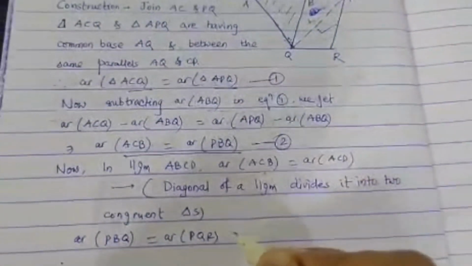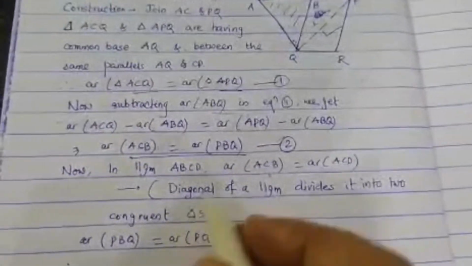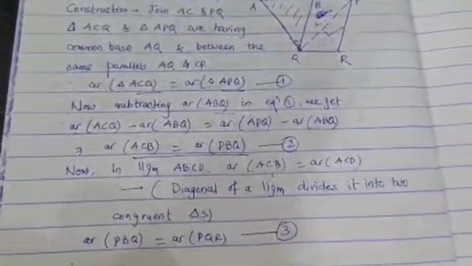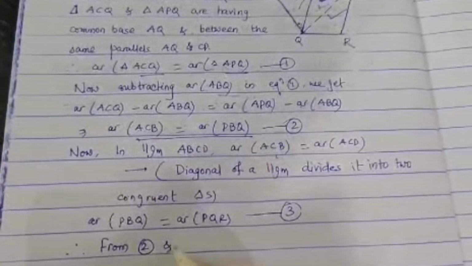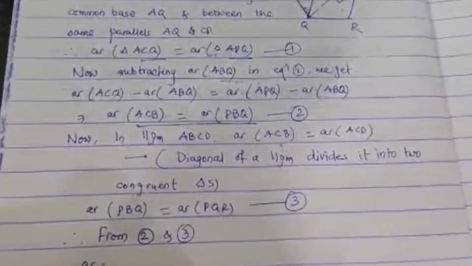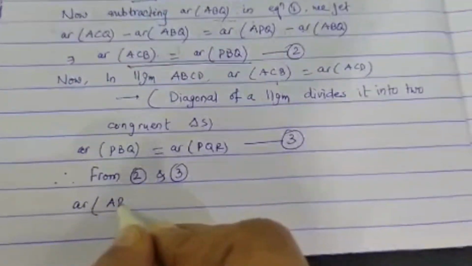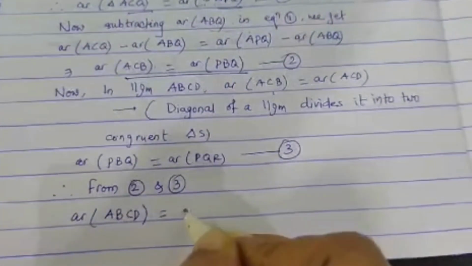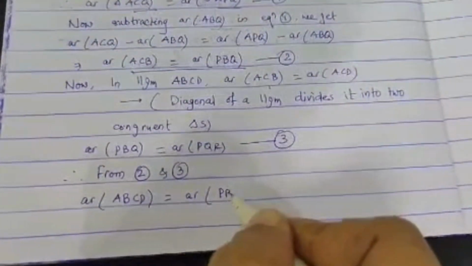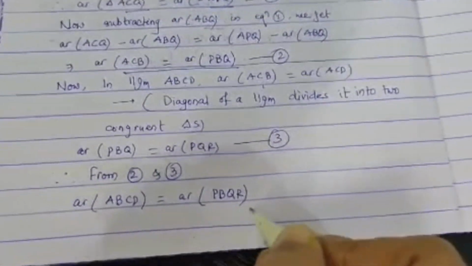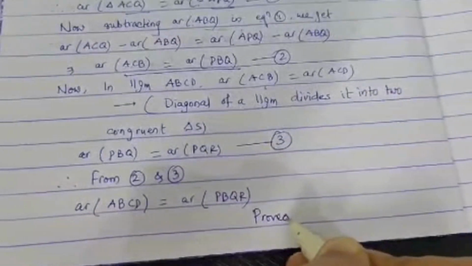Therefore, from 2 and 3, area ABCD is equal to area PBQR. We can write this, proved.